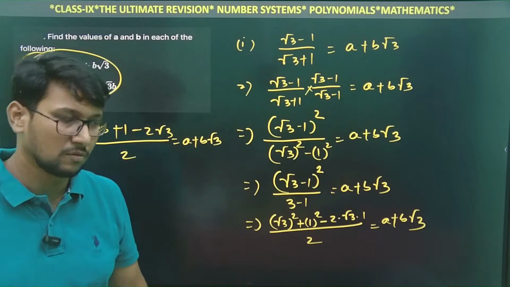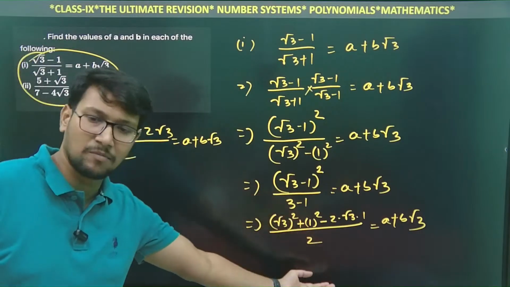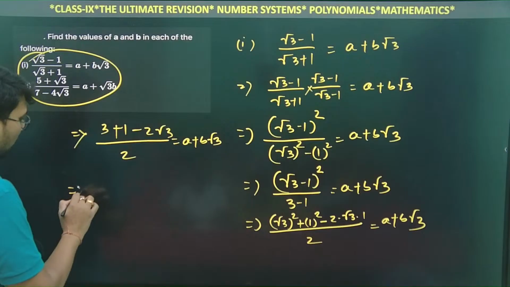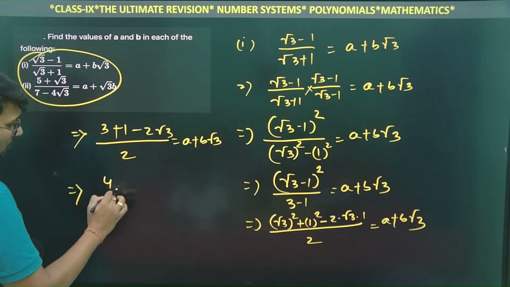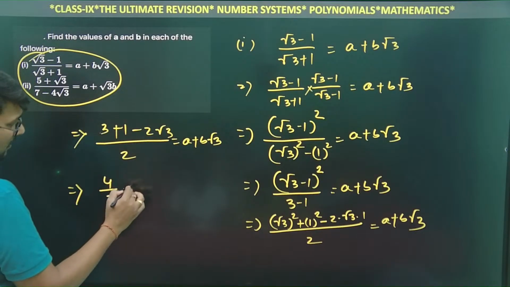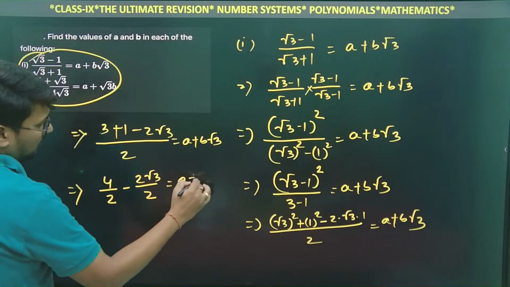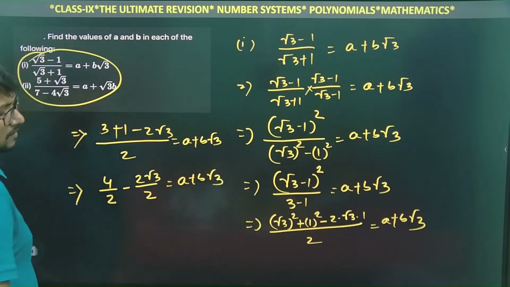Any doubt? We have only simplified. We have found the squares, nothing else. So, children, what is 3 plus 1? 4. So 4 by 2 minus 2√3 by 2 equals a + b√3. Done.